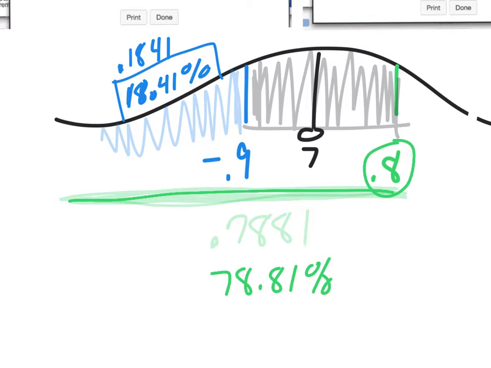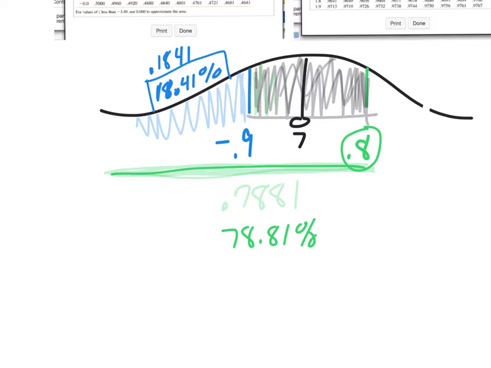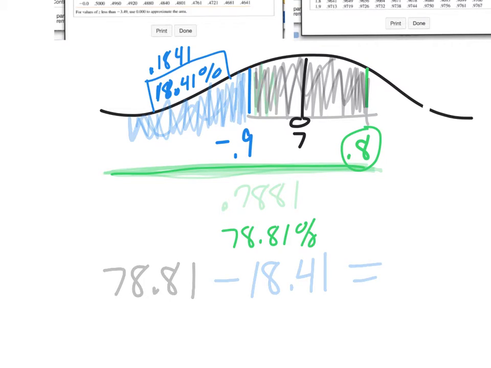Now we need the space, according to the question, we want the amount that's in between these two wait times. So what we're going to have to do is take this 78.81 and subtract out of it the blue, so 18.41, and that will tell us the space that is left over here in between.